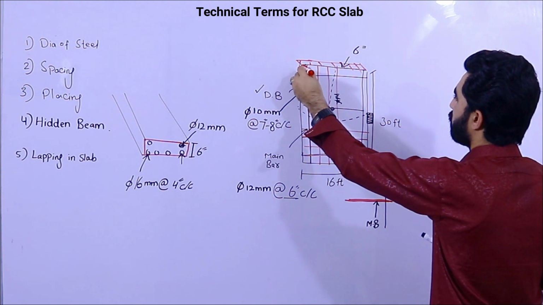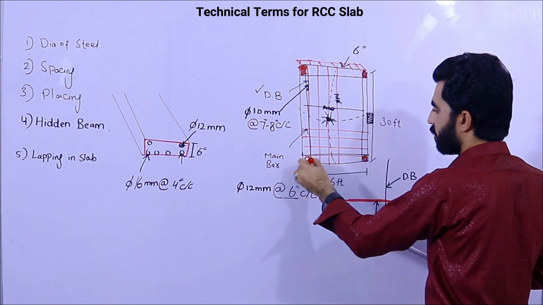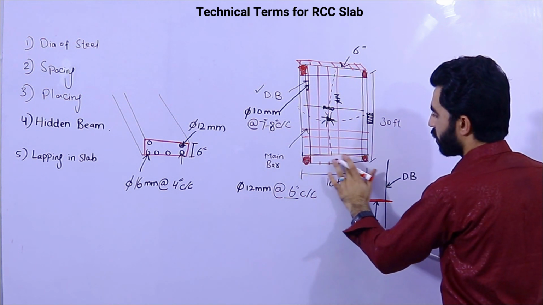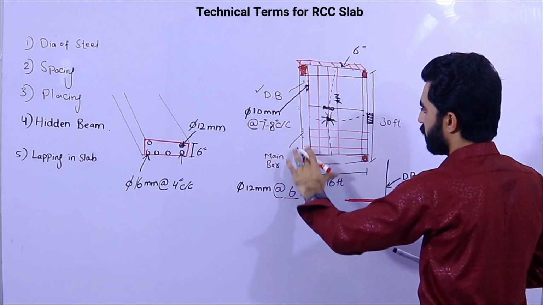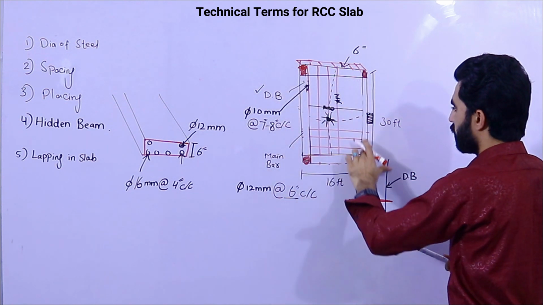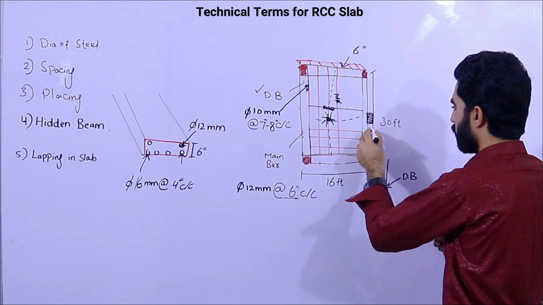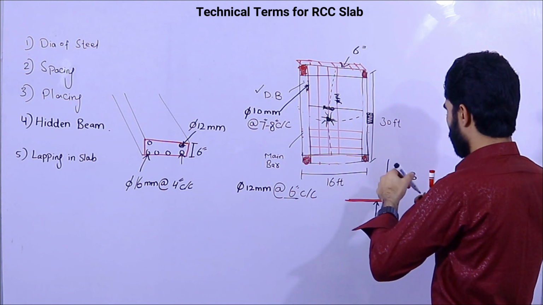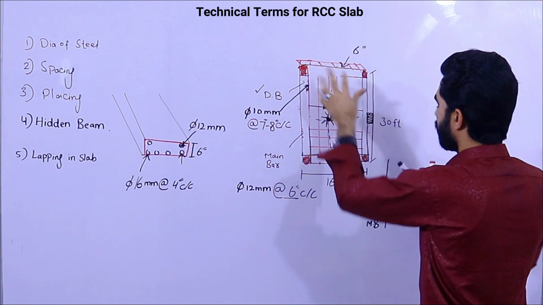Here we have the column, this is the other column, this is the other one. So actually you can see right now these are beams.